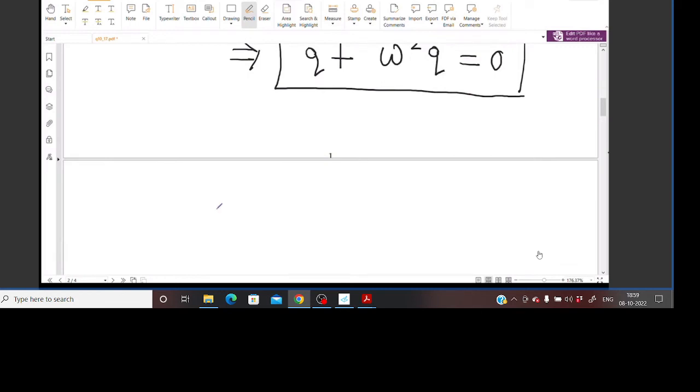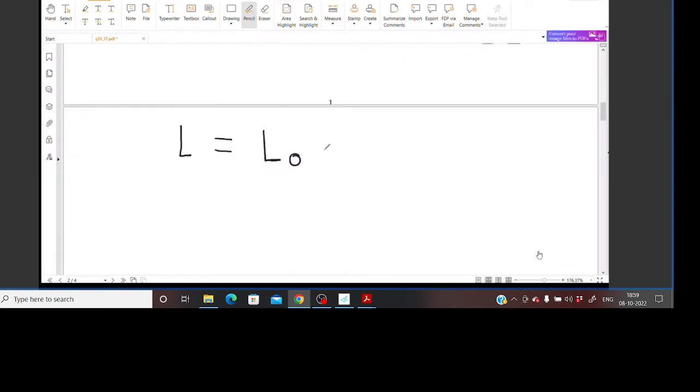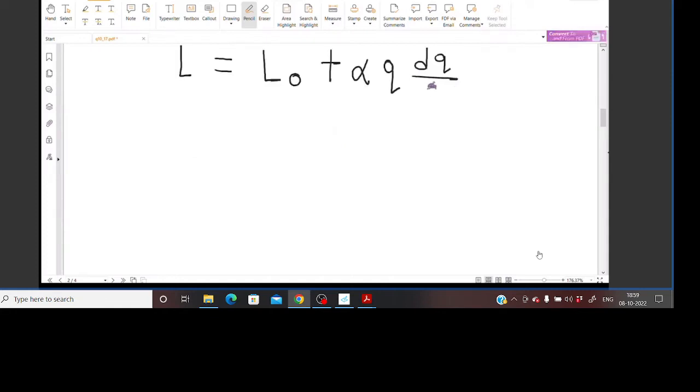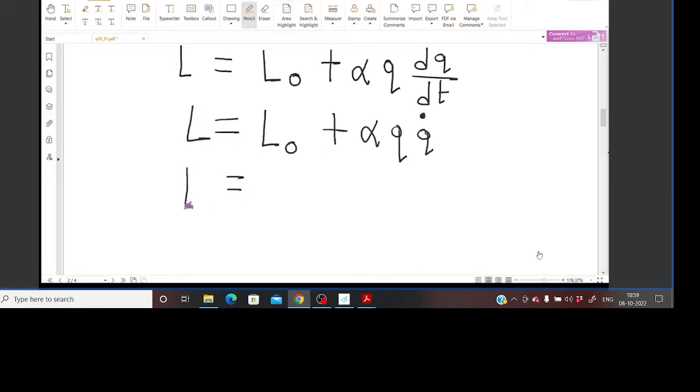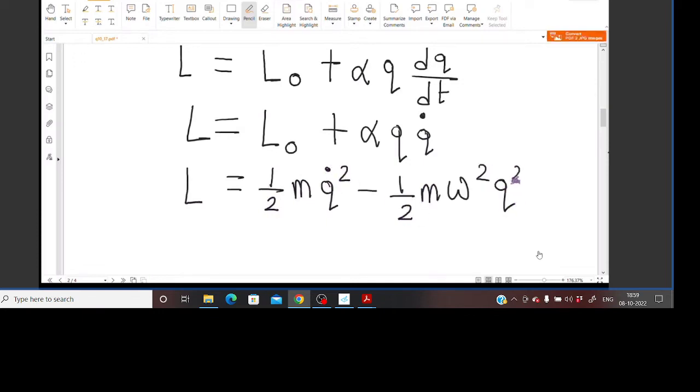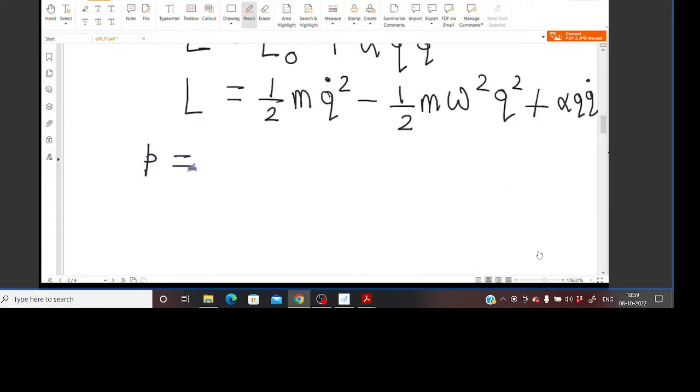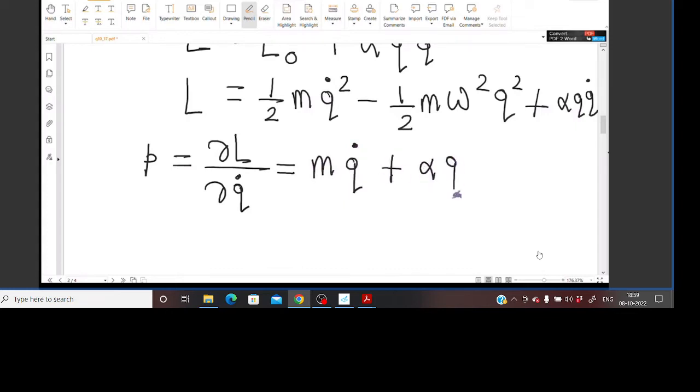Now let's consider the Lagrangian L, which is equal to L0 plus alpha into q into dq/dt, and dq/dt can be written as q dot. Here L0 is given by half m q dot square minus half m omega square q square. So the canonical momentum P is equal to del L by del q dot, which is equal to m q dot plus alpha into q.